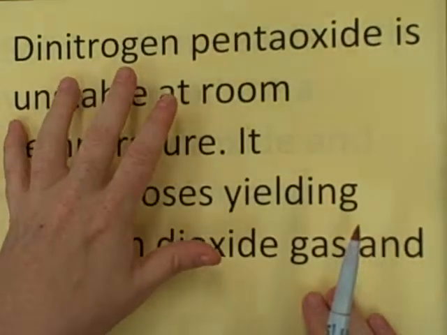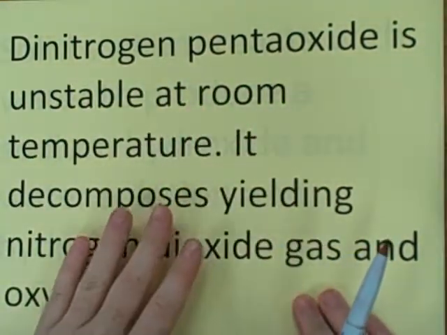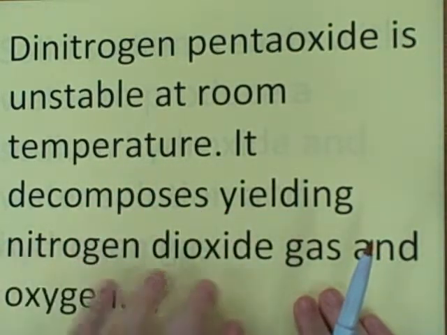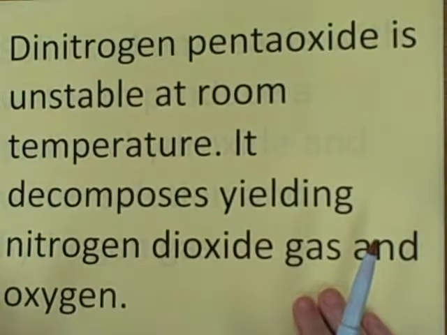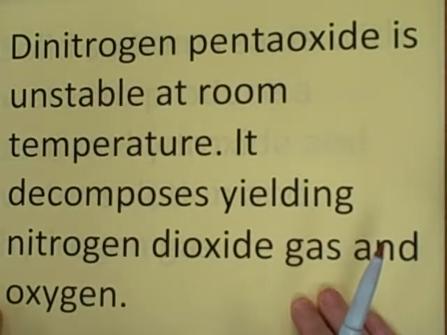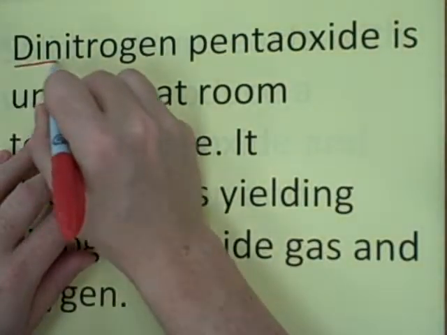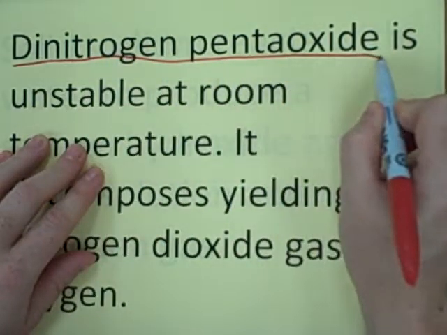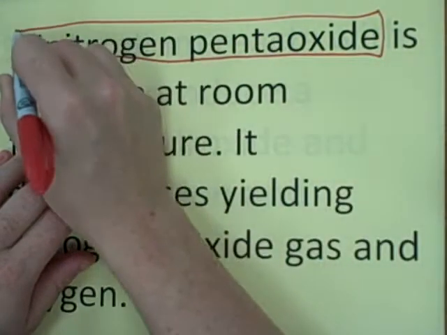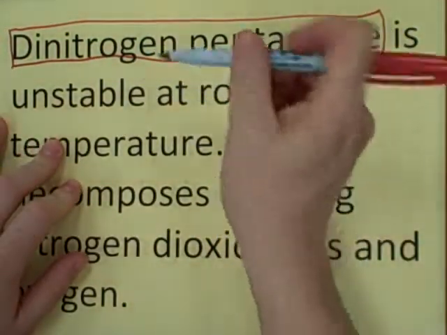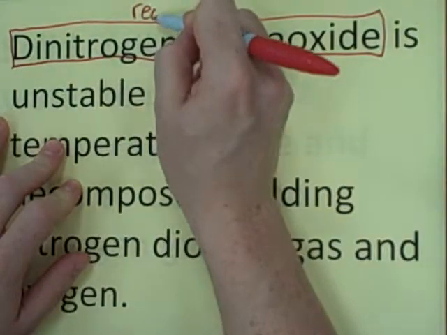So it says that the dinitrogen pentoxide is unstable and decomposes, yielding nitrogen dioxide gas and oxygen. So what we're starting off our reaction with is our dinitrogen pentoxide. This is the beginning substance we have in our reaction, so this is going to be our reactant.